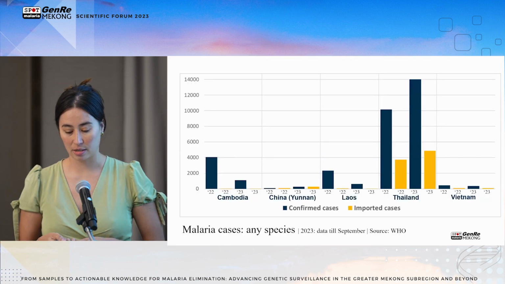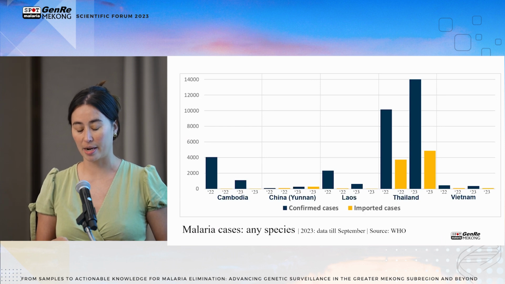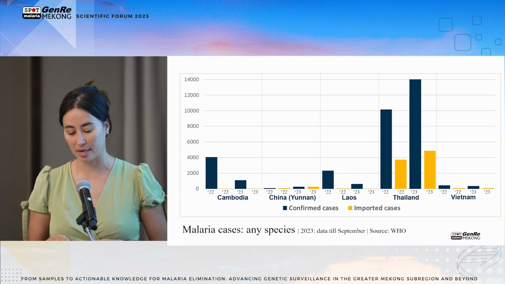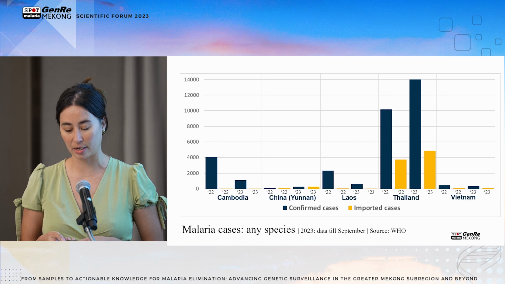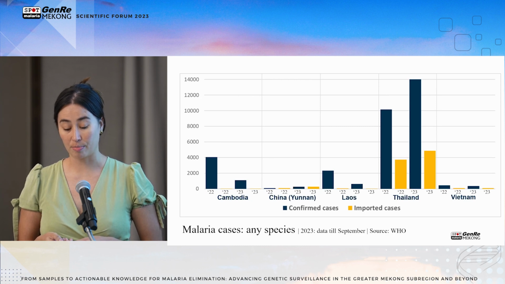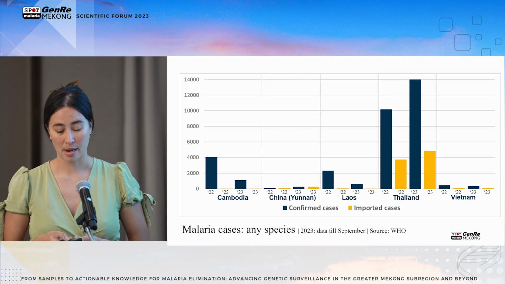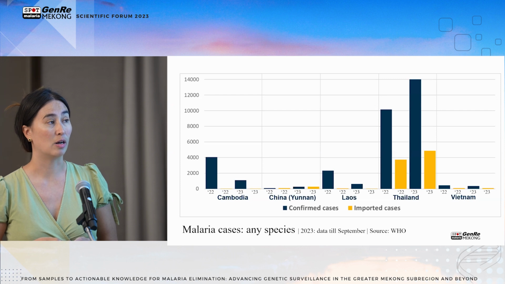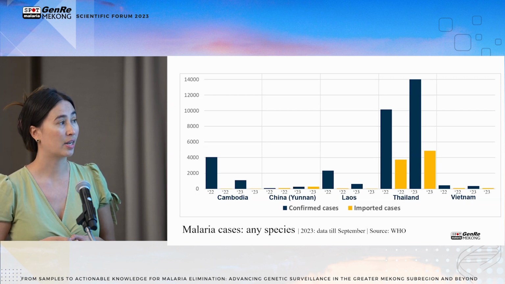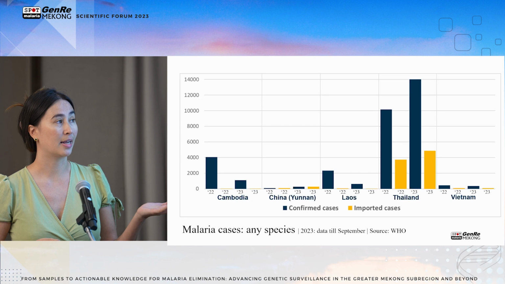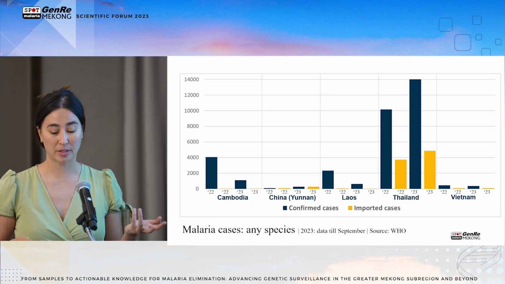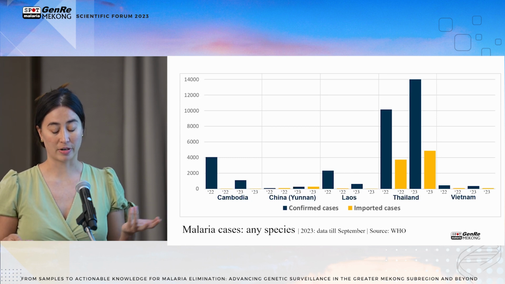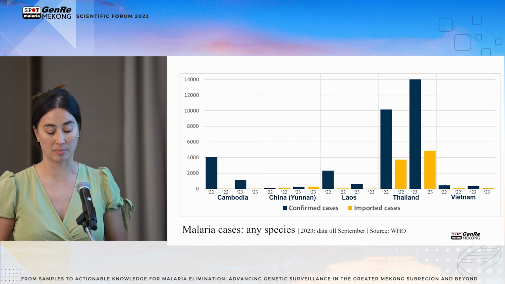This is a graph that shows any malaria case in the GMS in 2022 and 2023, and imported cases, or cases that were labeled as imported. And what you can see here is that in the Eastern GMS, cases are very low, and then in China they are almost absent, and you see that virtually all cases that have been confirmed are also labeled as imported.